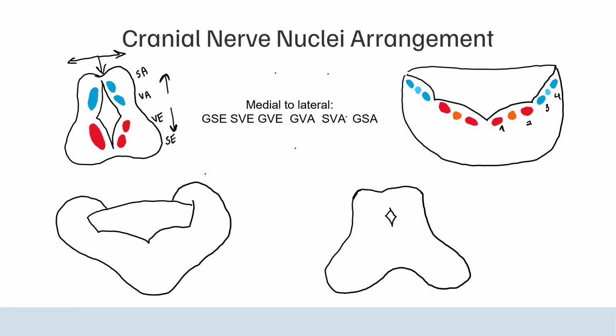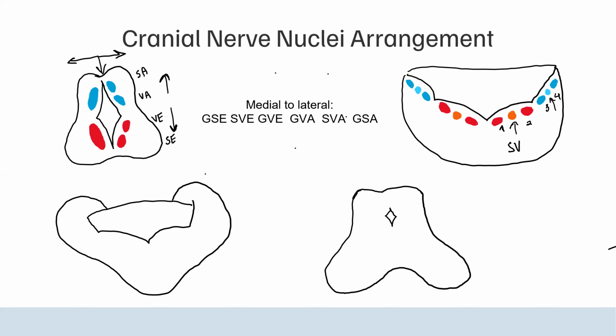These pharyngeal arches are basically those bumps where you have those indentations, those arches, and each of these arches is going to form a specific thing, which we'll be talking about in just a second. To accommodate those, we developed those nuclei right here in between. And they are for special visceral.